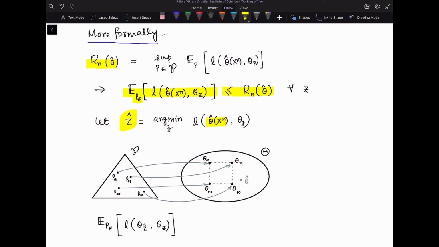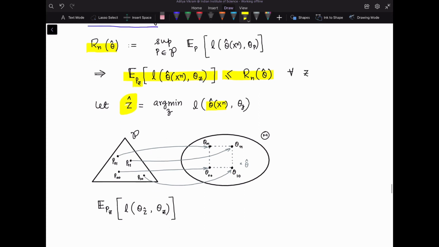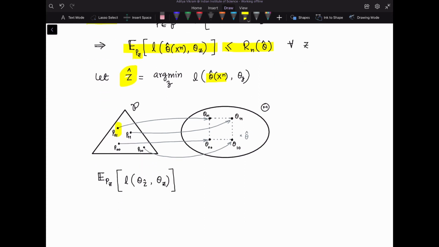So in the diagram, if you have these distributions from the family and their corresponding parameters, and if your theta hat falls here, just output the parameter 1 0. So your estimate for z would be 1, 1, 0. Okay, so here 0 is for -1, right? So 1, -1.